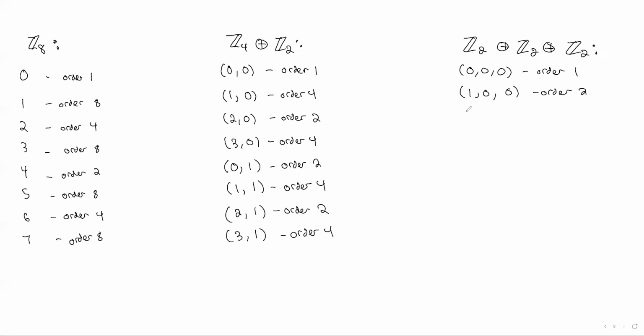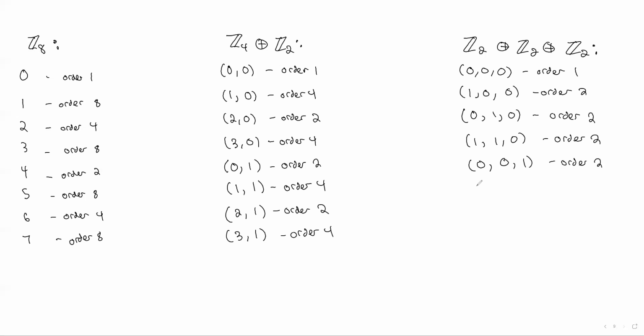What about (0, 1, 0)? That has order 2. (0, 0, 1), order 2.